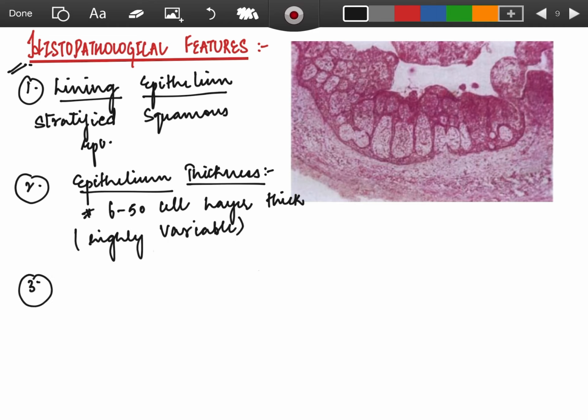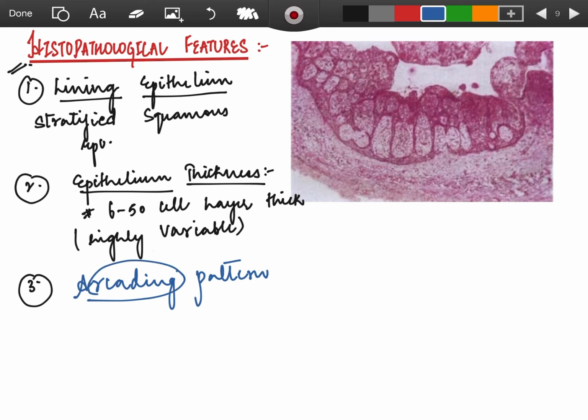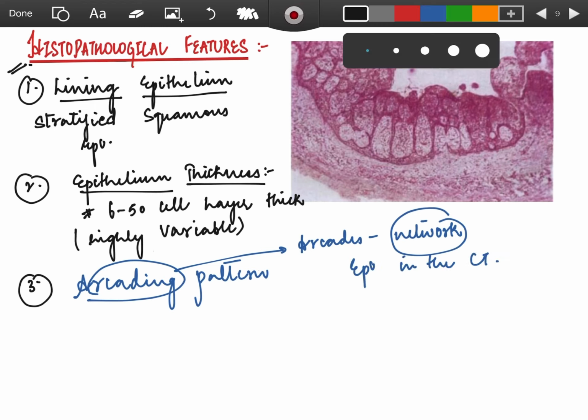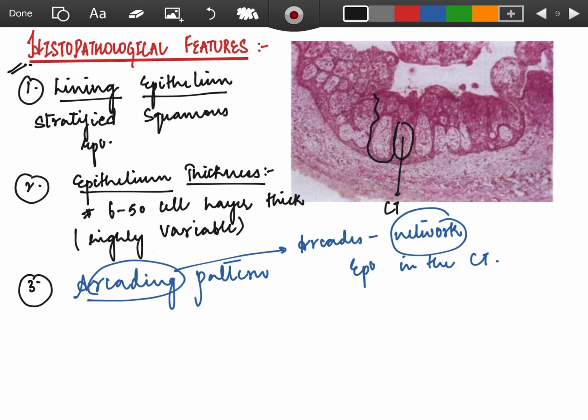Now, the most important point: there is an arcading pattern of the rete ridges of the epithelium. Arcading is derived from the word arcades, which means a network. So there is a network of the epithelium in the connective tissue. Why does the epithelium proliferate in the connective tissue?